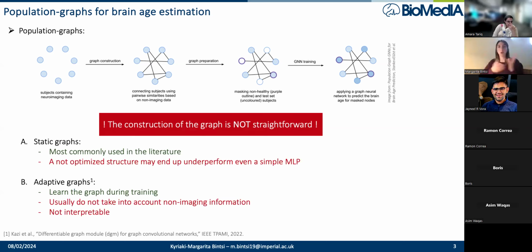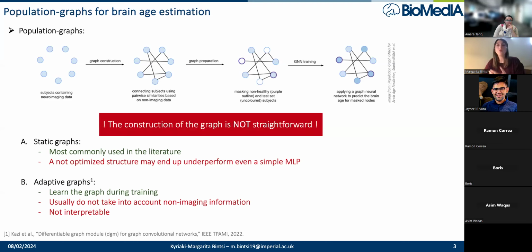So we have a population graph and we make a choice on the way we will connect the edges. It's predefined and it stays static throughout the training. And it could work well if we had the graph, but it's usually not given.